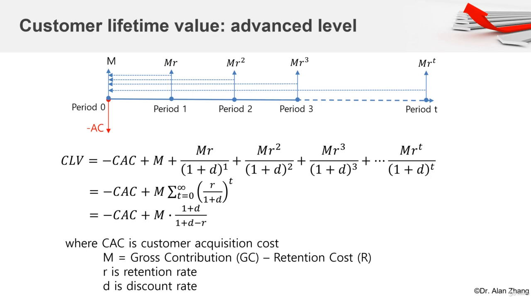First, spend less money on acquisition campaigns, which will reduce CAC. Of course, it shouldn't come at the cost of acquiring fewer new customers.